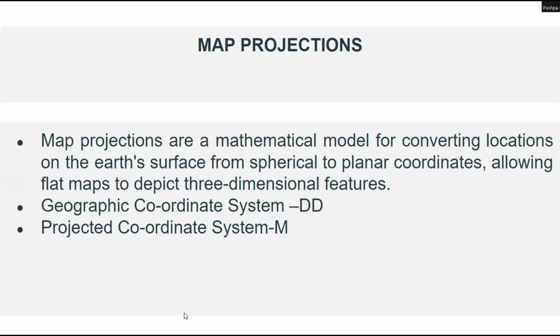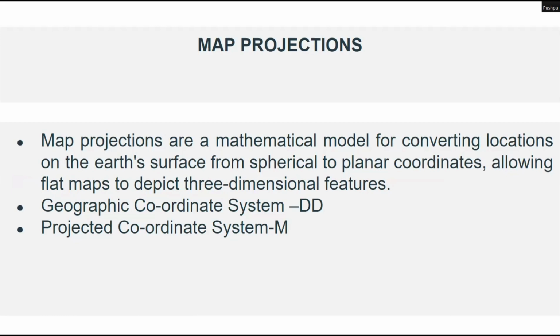We will be using two kinds of coordinate systems: geographic coordinate system and projected coordinate system. There are many types of coordinate systems, spherical, cylindrical, conical, but we will basically be using these two.